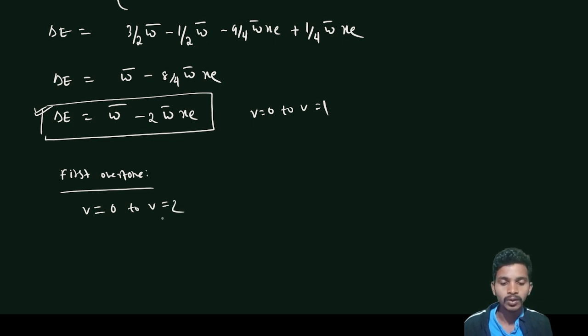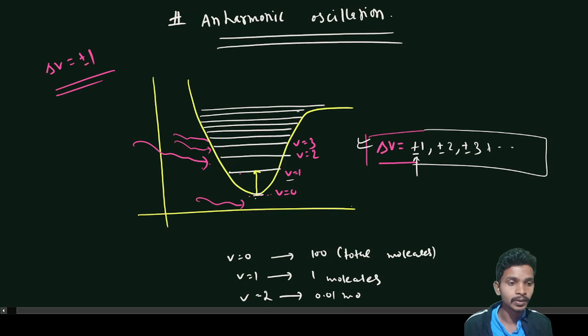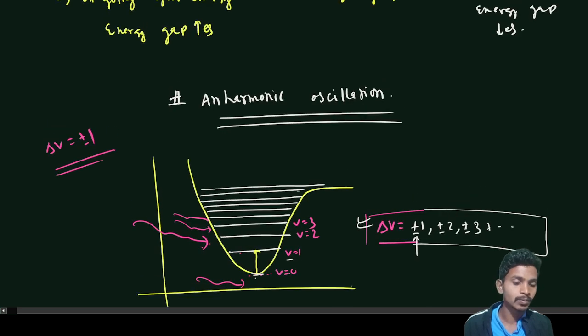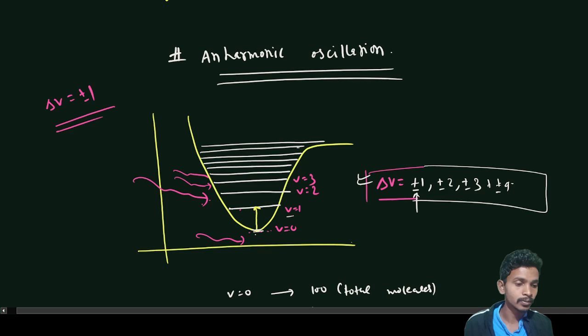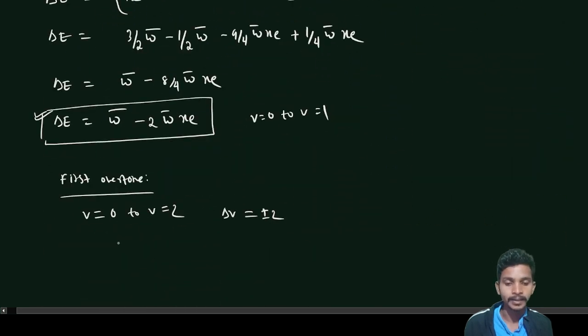Whenever v equal to 0 to v equal to 1, that is the fundamental vibration. Now I am doing delta v equal to plus minus 2. This is also possible because the selection rule can be plus minus 2, plus minus 3, plus minus 4, like that, so all are possible, but the intensity is very less. So this is called the first overtone.